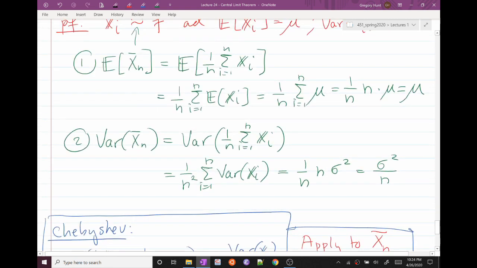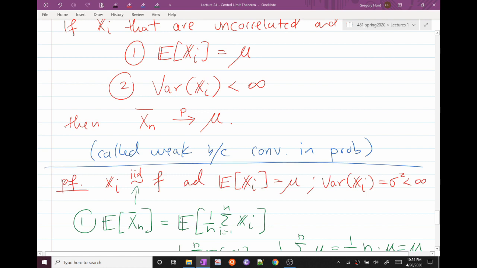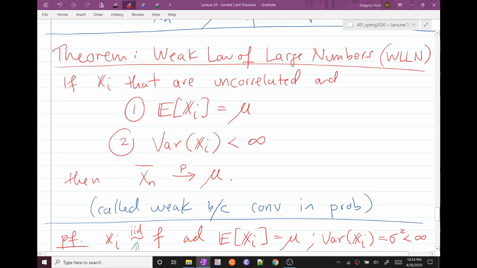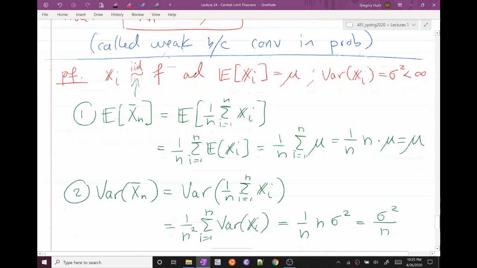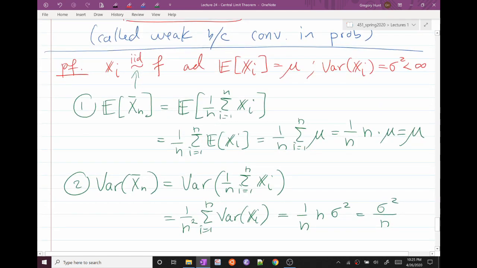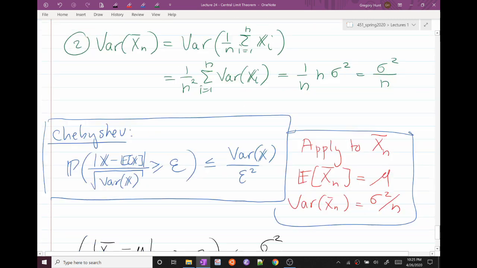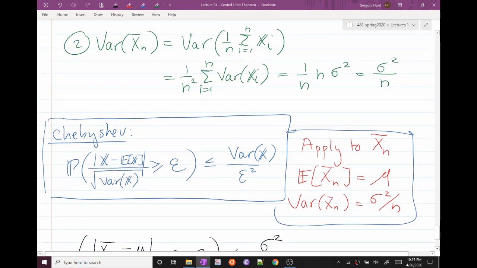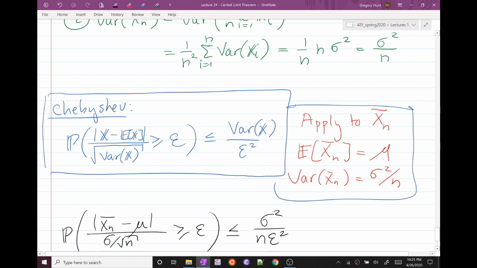If we go back to what we're actually doing, we're talking about the weak law of large numbers, and the weak law of large numbers is that Xn bar converges in probability to mu. Chebyshev's, you know what? This was not quite Chebyshev's. Let's go back and look at it. Chebyshev's, we didn't have the square root of variance.